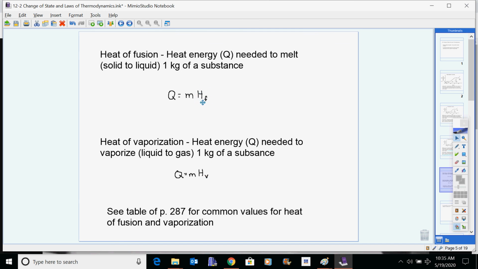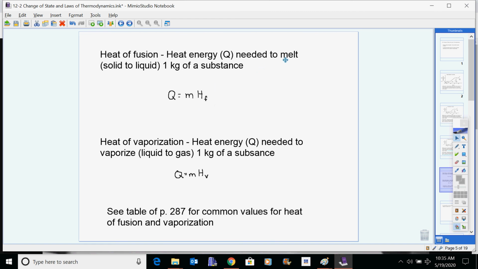So heat of fusion is the amount of heat that's needed to melt or to liquefy a specific substance.